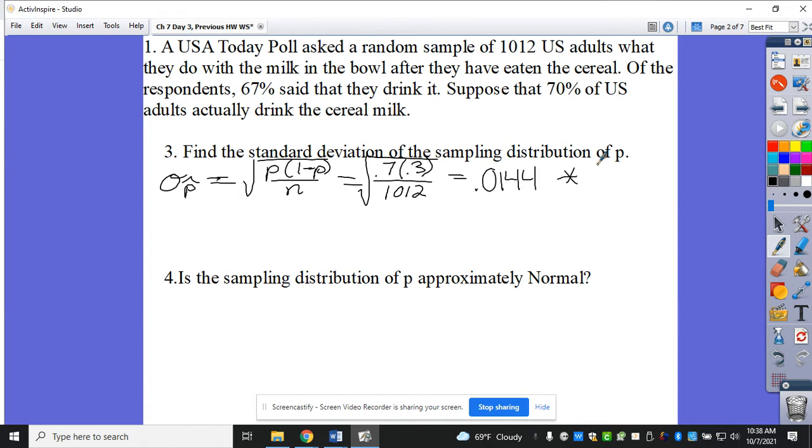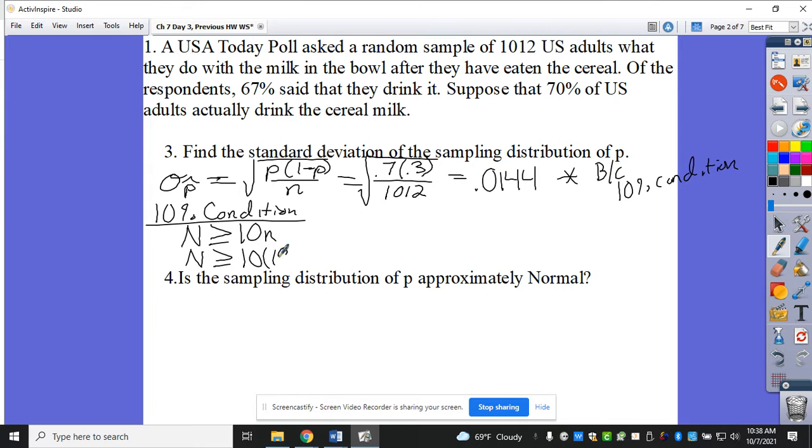I have to check the 10% condition to be able to say that I can use it. Yesterday, because it was the beginning of doing it, I explicitly asked you why you can use that. That's not usually going to be the case. What is the 10% condition? Well, my lowercase n is what?